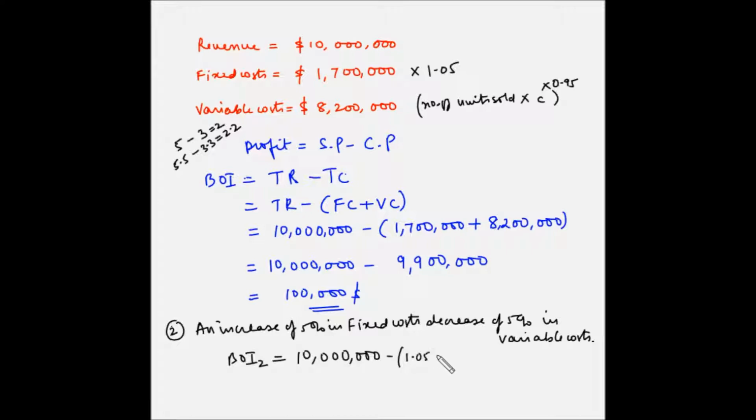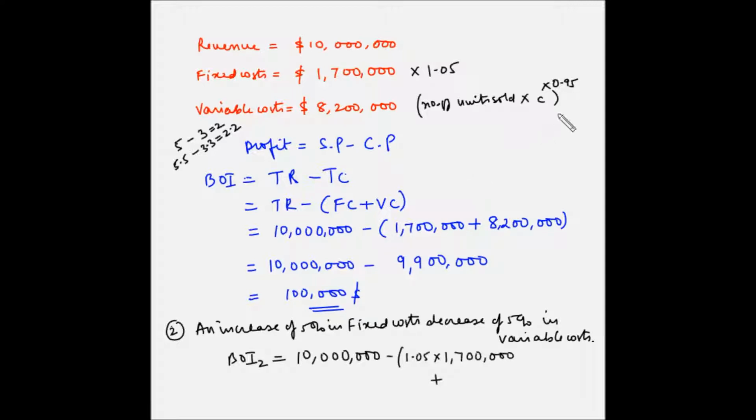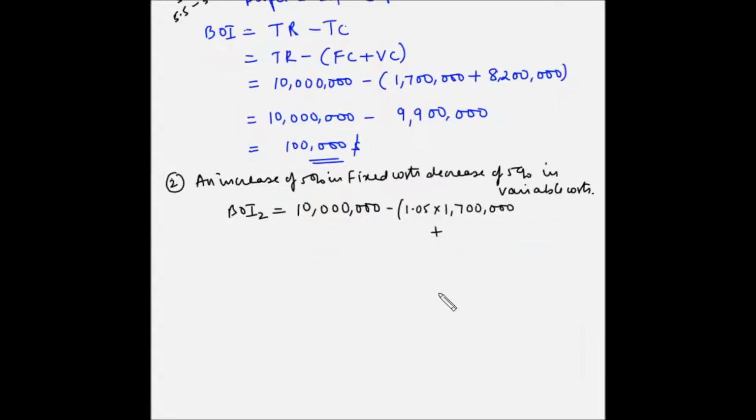So 1.05 multiplied by 1.7 million plus the variable cost, which is now decreasing by 5%. So multiply by 0.95. So 0.95 multiplied by 8.2 million.